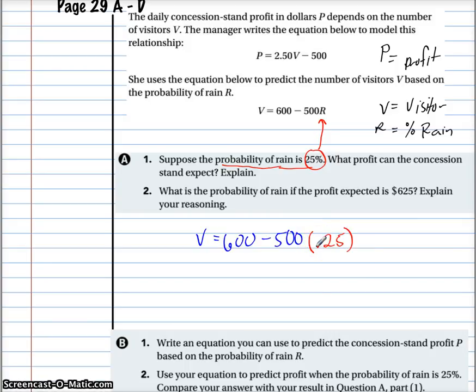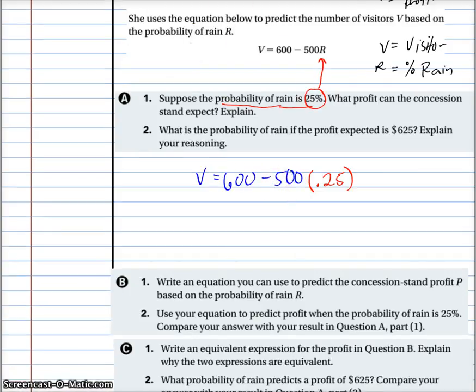Once we solve this, we can put it into this equation there. Okay, so let's solve this visitor equation. So the number of visitors is equal to 600 minus 25% of 500. Well, 25% of 400 is 100, and then another 25% would be 125, minus 125. So V is equal to 475.